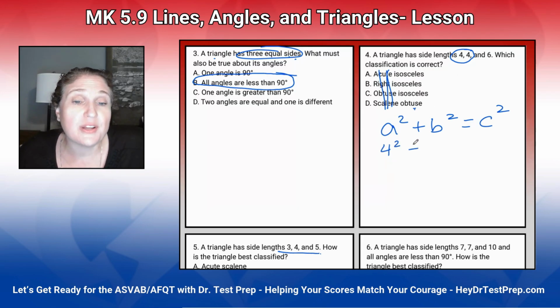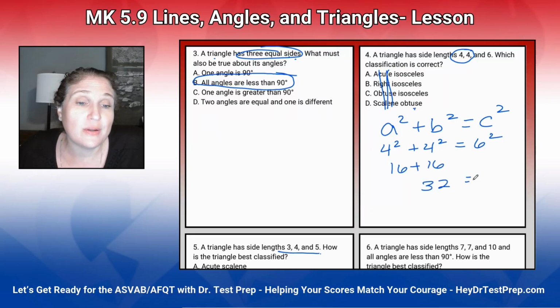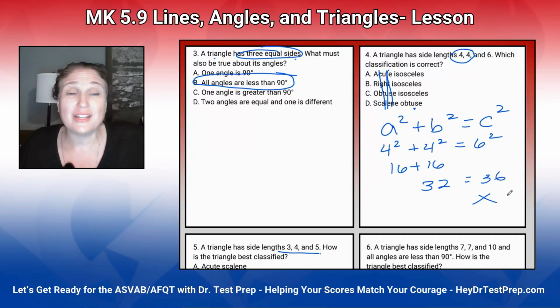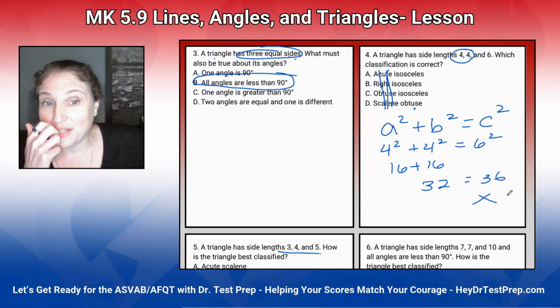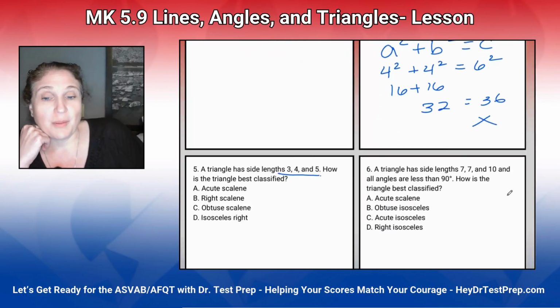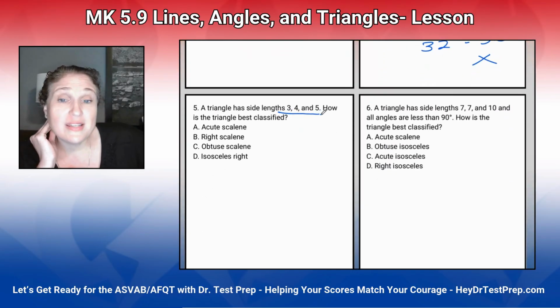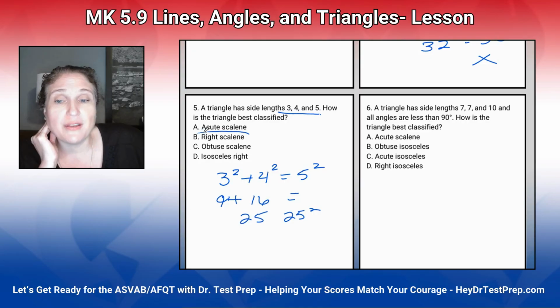So 4 squared plus 4 squared equals 6 squared. 16 plus 16 equals 32, which does not equal 36. So it's not a right triangle. But down here, this is a right triangle. 3 squared plus 4 squared equals 5 squared. We've got 9 plus 16, that equals 25. 5 squared equals 25. So this is a right scalene.